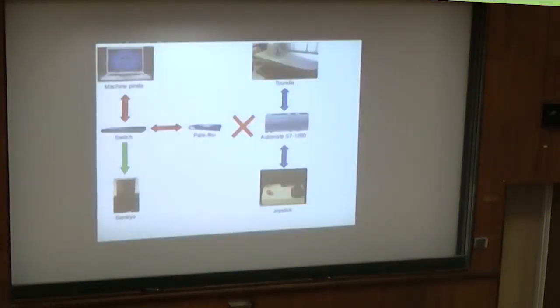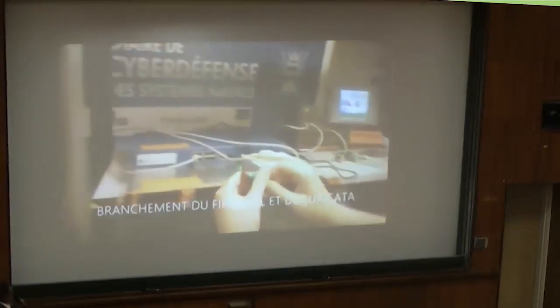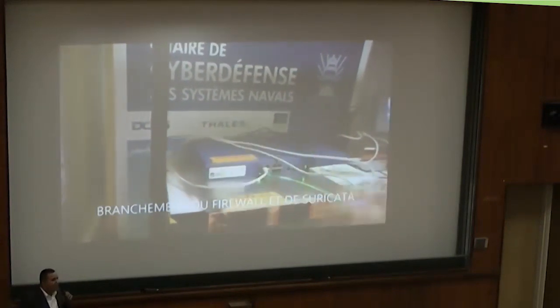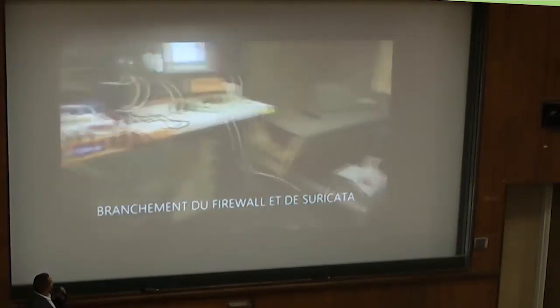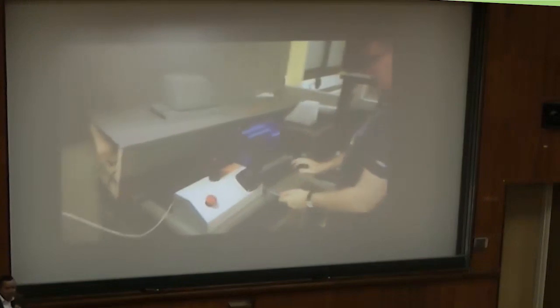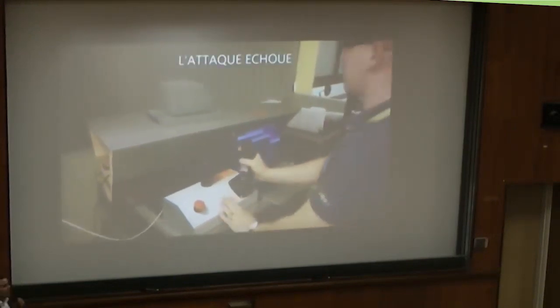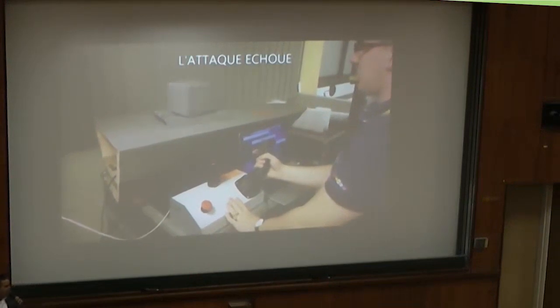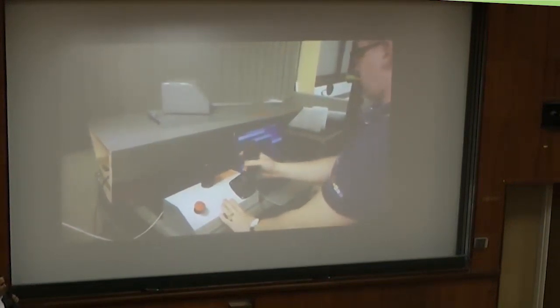That means we have a new stream that we didn't know at the beginning. In the second phase, we put the firewall between the PLC and the rest of the architecture. We try to make the same attack, but here the firewall uses the information coming from the probe and blocks the attack.